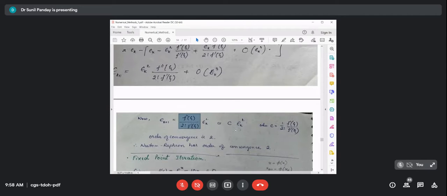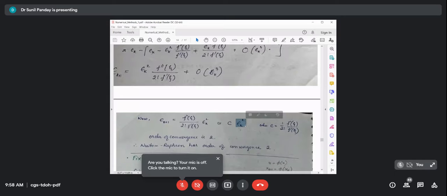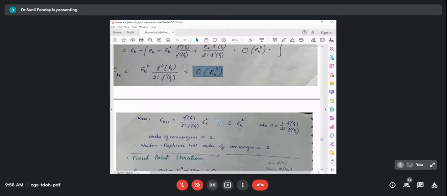So epsilon k plus 1 is equal to the constant C into epsilon k raised to power 2. This is the form of the error equation. This term is also there, which is why we have used approximated terms here, or we can have less than or equal to also.